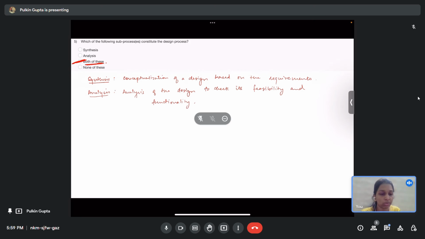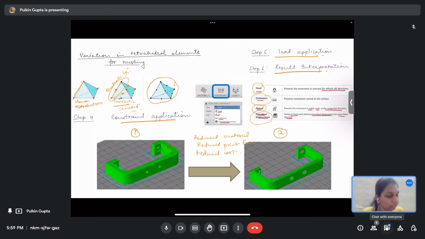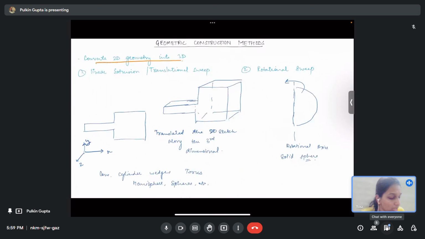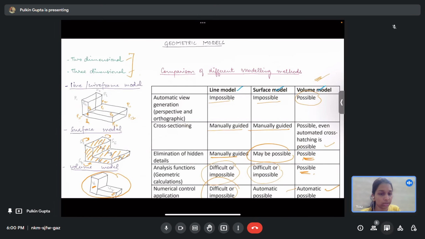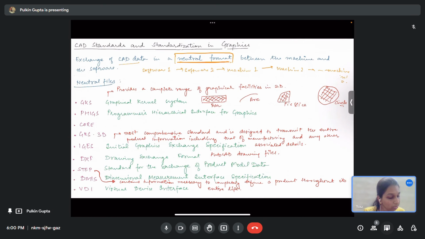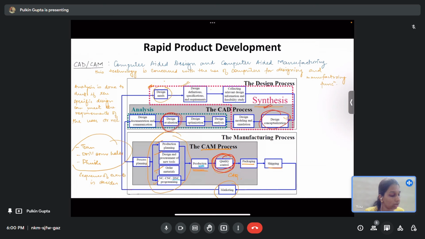So to clear the confusion again, we'll go back to that chart in slide 1, as Mr. Vedant has answered it as synthesis. Here you see the analysis part and synthesis parts. These are both sub parts of the CAD process only, wherein in synthesis you have your design ready and then that is analyzed in the analysis sub part of the CAD to check if it is functioning well or not.